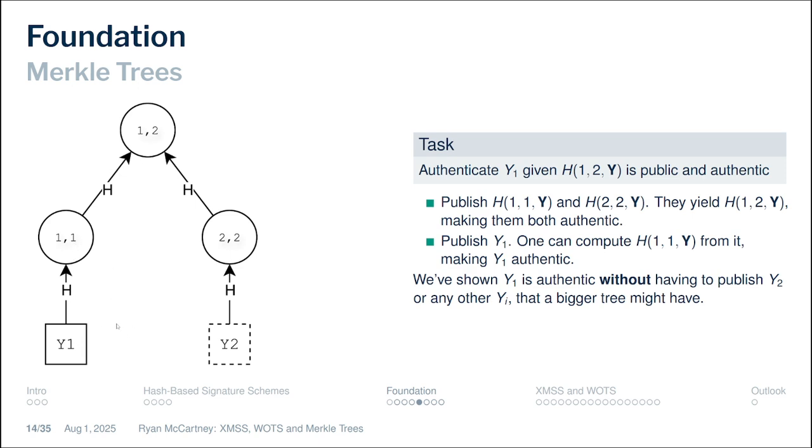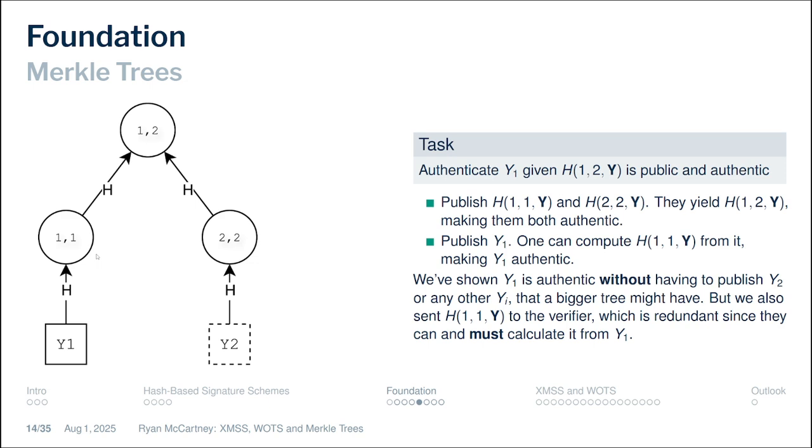We just need to publish values that are on this computation path up to the root. Remember, we just want to go from y1 to this root, which means we cross about log n many nodes, and we also need to publish y1. But another interesting thing is that because this is on the computation path, this node can be fully computed by the verifier and doesn't need to be published.